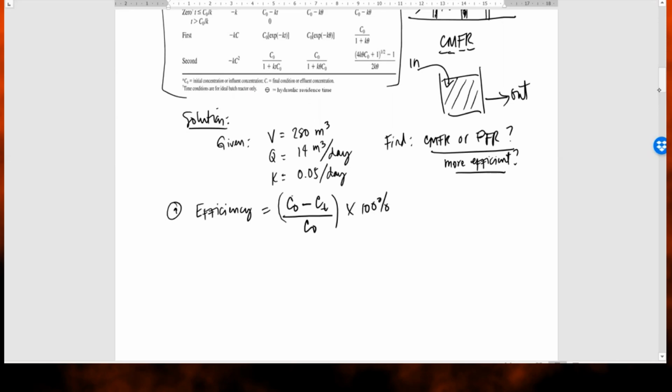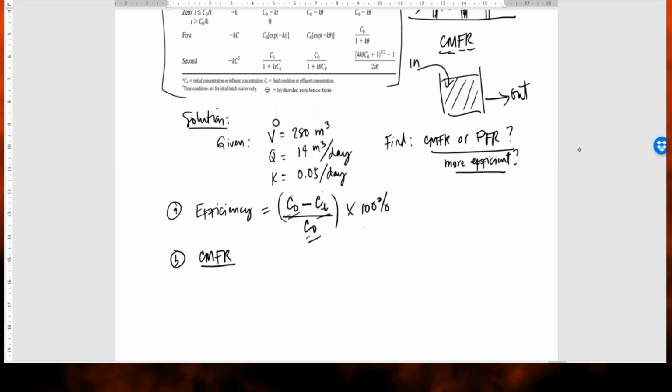You have the initial minus the final, or a specific concentration, over the initial, and then you can determine the efficiency. So if you have that formula, then we need to identify the values for each of these terms here. So let's try first for CMFR.